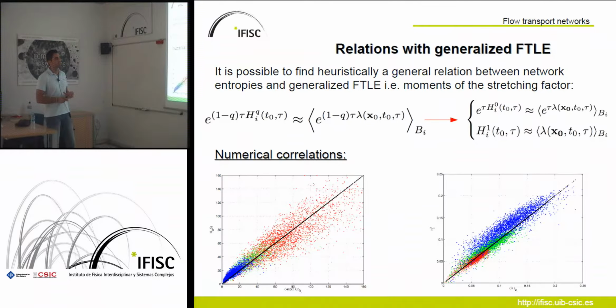We are not relating to the field, because the field is defined at a point, while our network approach is defined on a surface, because a node is a finite size box. So the relation that we found is with averaged functions of the Lyapunov exponent field on the box.